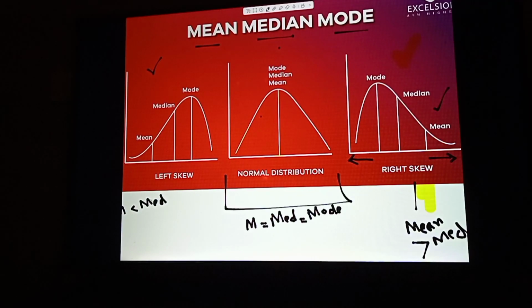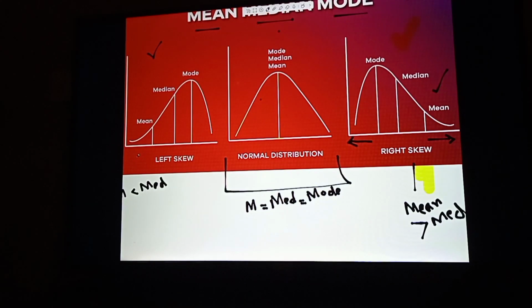The tail is stretched towards the left side of the graph. Mode is at the highest peak, median is the middle value, and mean is towards the left side. So mean is less than median, and if you include the mode, then it is less than the mode.